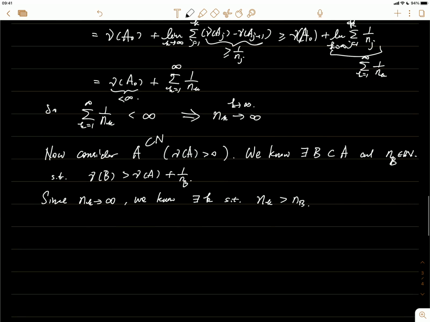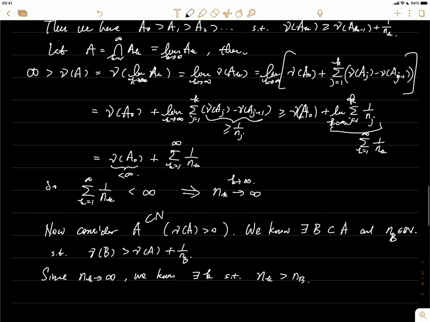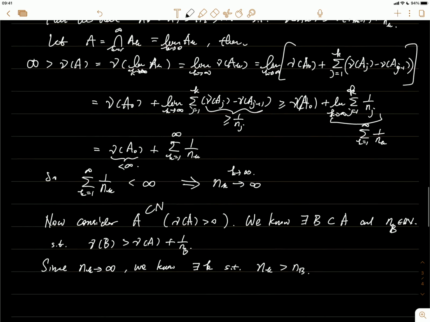Alright? And then in this case, since A is a subset of the corresponding AKs, A is a limit of those AKs, so it is inside each of those AKs.